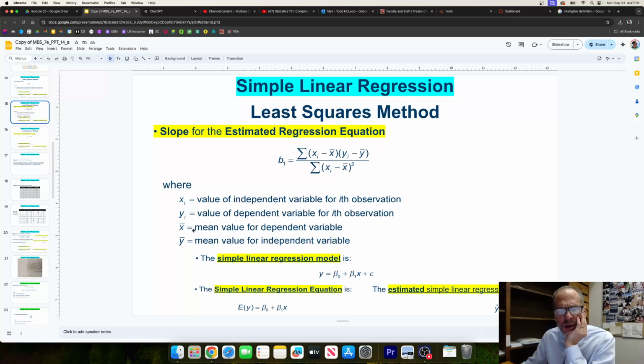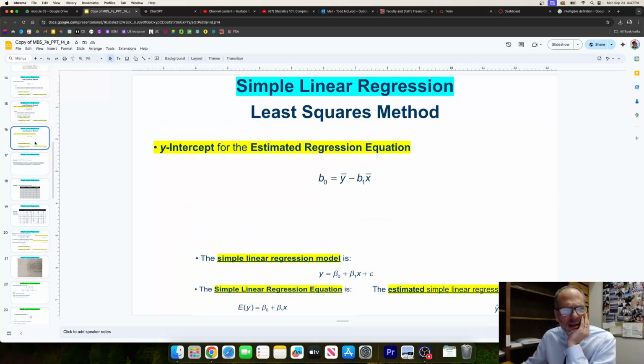You have your x, you have your y. Then x bar is the mean value for the independent variable, and y bar the mean value for the dependent variable. If I have a bunch of data, I could calculate all that. I know how to do a mean, I know how to do subtraction, I can multiply these together and add them all up for each ith observation, and we could do all that math. I think we'll see that coming up.